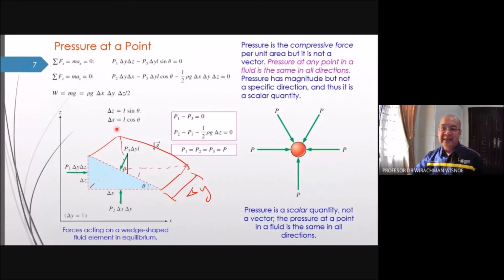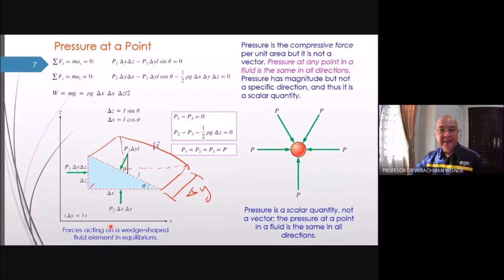In the z direction, the vertical direction, we have sigma Fz equal to 0. So P2 delta x delta y, this one directed upward, minus this one projected to the vertical plane, it becomes P3 delta y L cos theta, is not equal to 0.